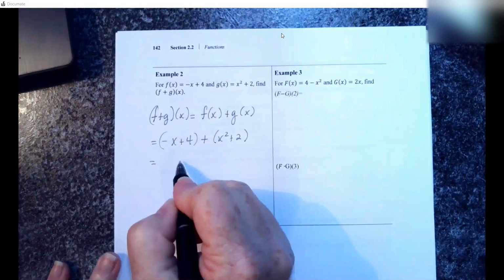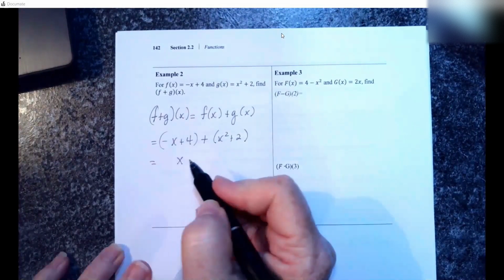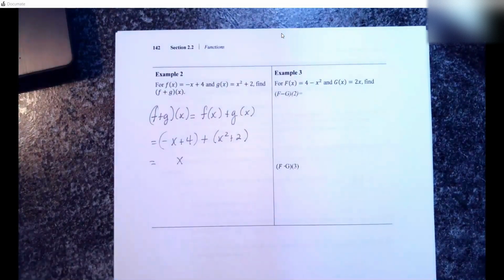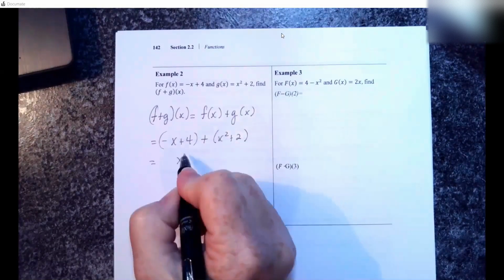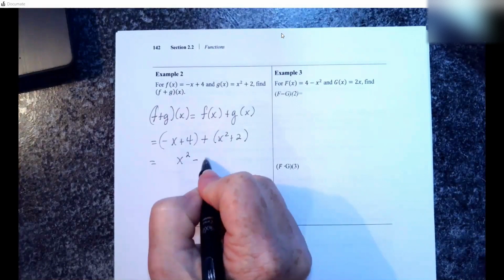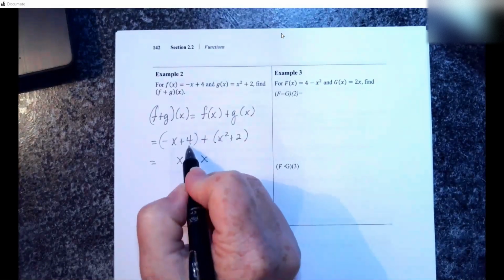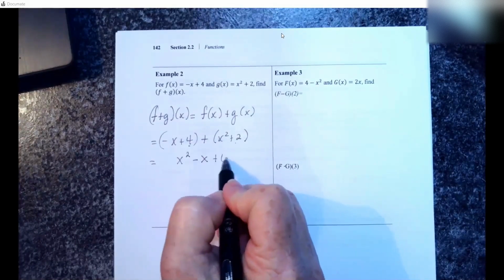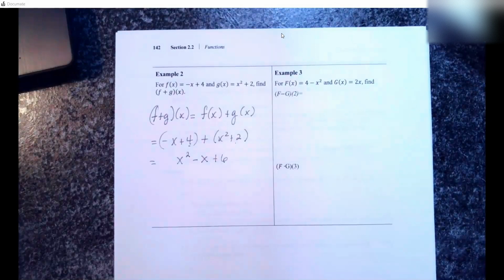So that would be, if we put it in standard notation, normally when we write these things in standard form, we put the highest power of x first, and then we go in decreasing powers of x. So I'm going to put the x squared first, then the x, and then we have a 4 plus a 2 is a 6.